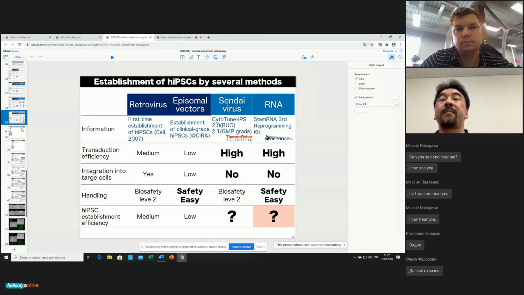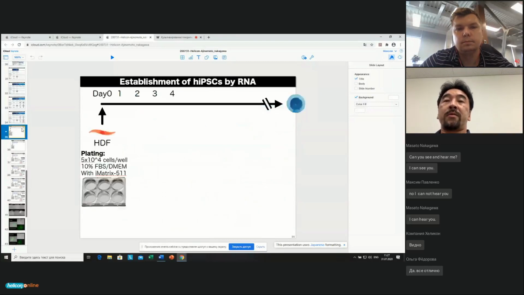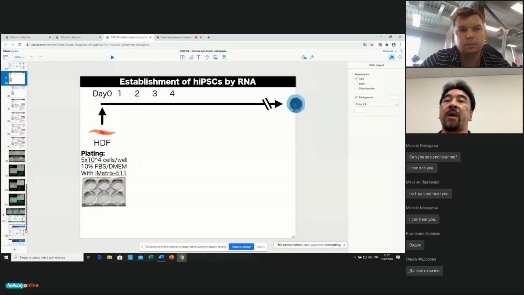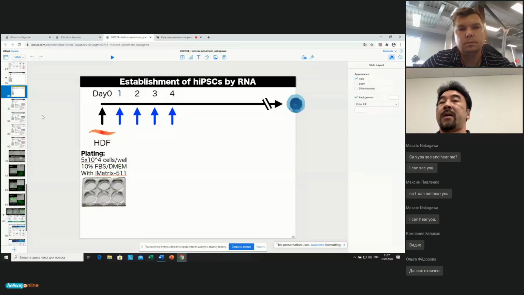Next slide, please. This slide illustrates the method of iPS cell generation using RNA. At day 0, we plated HDF, human dermal fibroblasts, with iMatrix 511. Next slide, please. On days 1, 2, 3, and 4, we perform 4 repeated transfections.